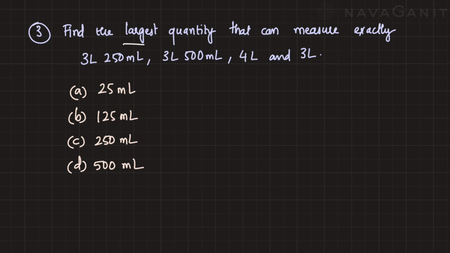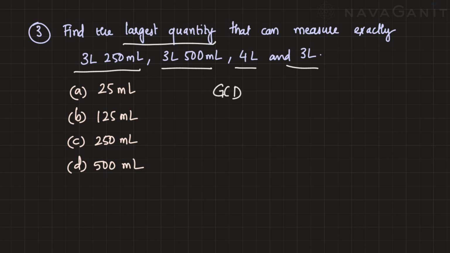Find the largest quantity that can measure exactly 3 liter 250 ml, 3 liter 500 ml, 4 liter and 3 liter. So to solve this, we need to determine the greatest common divisor, that is GCD, of the given quantities, and we need to convert all of them to the same unit, that is milliliters.